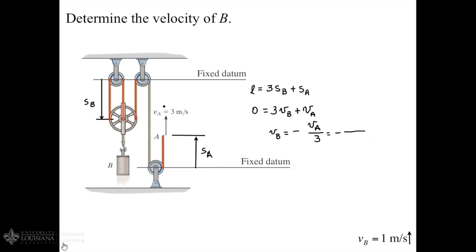Well, I hope you said positive 3, because it's in the direction of the positive coordinate S sub A. So putting in our 3 up here, and down below a 3 as well. So again, we get the answer that we had previously. In other words, minus 1 meter per second, telling us again that when A moves upward, B will be moving upward as well.